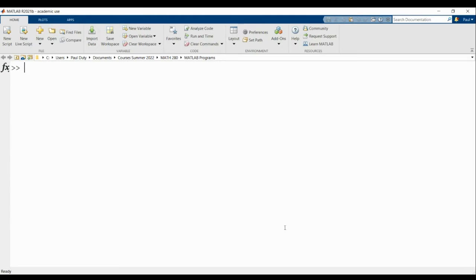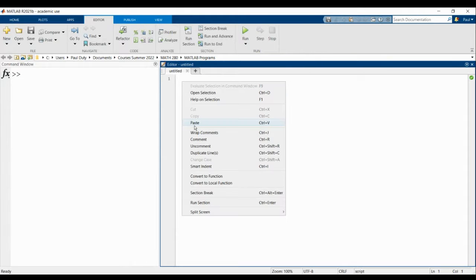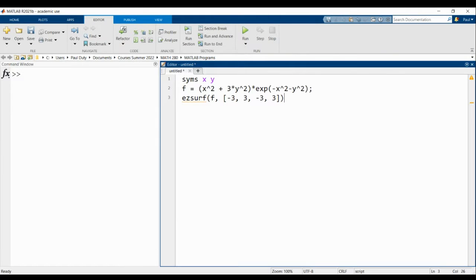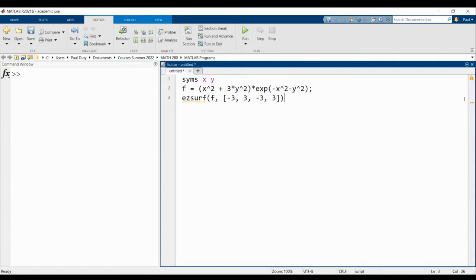So now what I'm going to do is go into MATLAB. I'm going to click on something called New Script, and then I'm going to paste the code in. Whenever you run MATLAB code, you want to put it in a new script, because in the script editor there is a feature on the right that tells you if there's a problem.